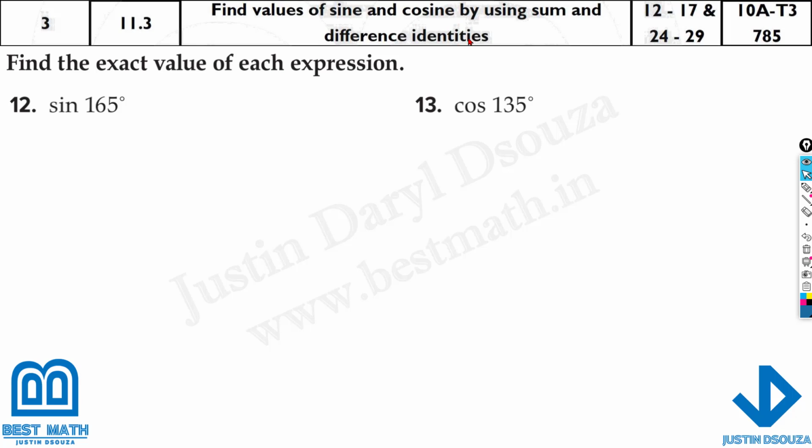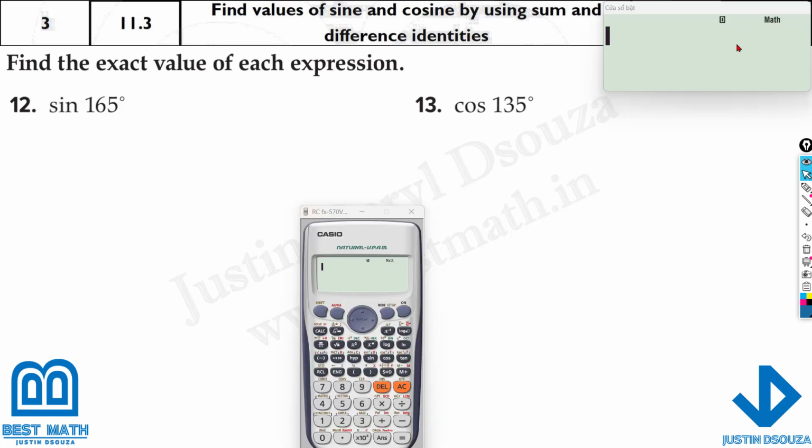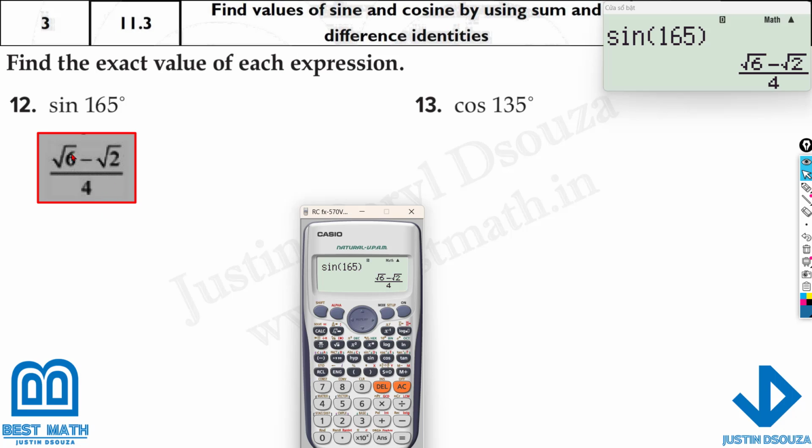If you have cleared your calculator, by default it's in degree mode, and over here we have been given degrees. So sine 165 would be equal to square root 6 minus square root 2 divided by 4. That's the correct answer. And cosine 135 is negative root 2 by 2.